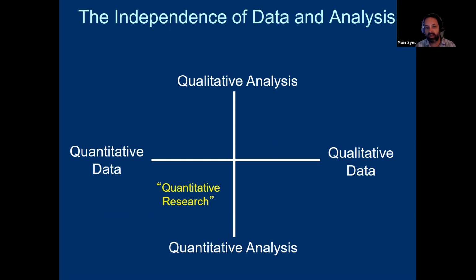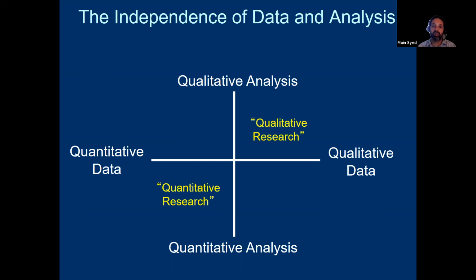Similarly, if we have qualitative data that we then analyze qualitatively, we can think of that as qualitative research. So we do some interviews, some focus groups, some observations, whatever it may be, and then those are subject to some kind of qualitative analytic framework, grounded theory, thematic analysis, interpretive phenomenological analysis, whatever it may be, right? So we're qualitatively analyzing the qualitative data.